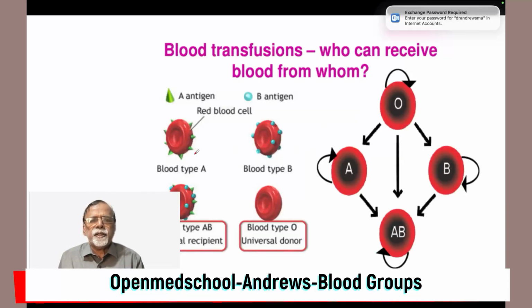So here you can see that the O blood, the RBC has no A antigen and no B antigen. So this blood can be given to A group, and it can be given to B group, because the RBC has no A antigen or B antigen.